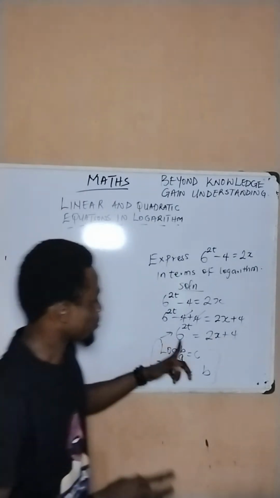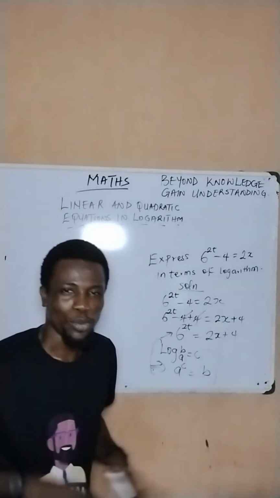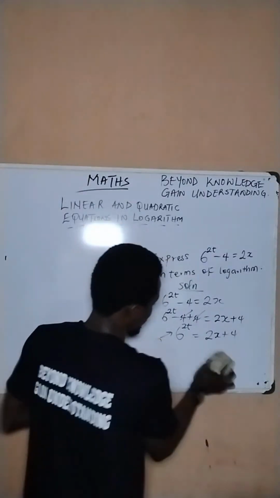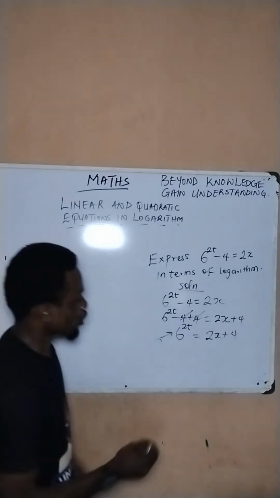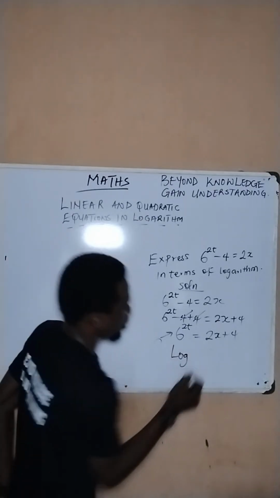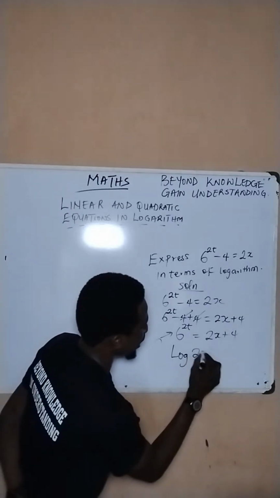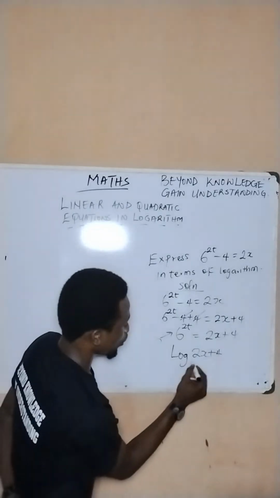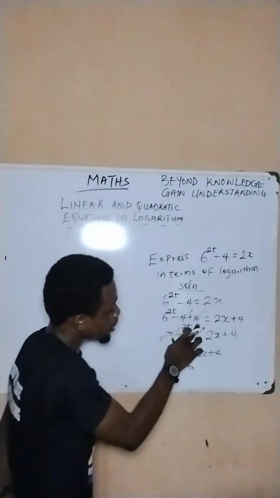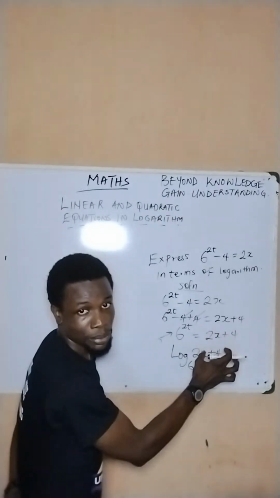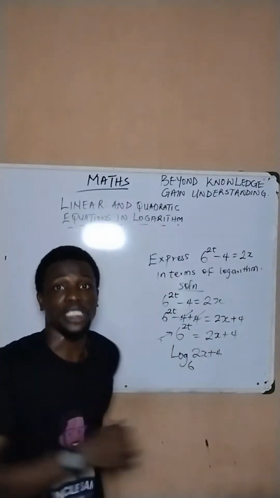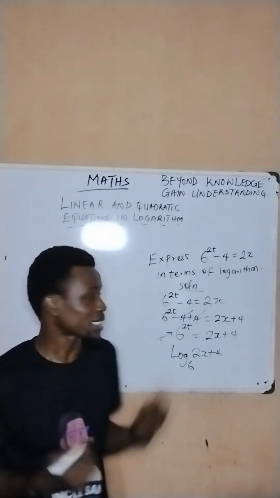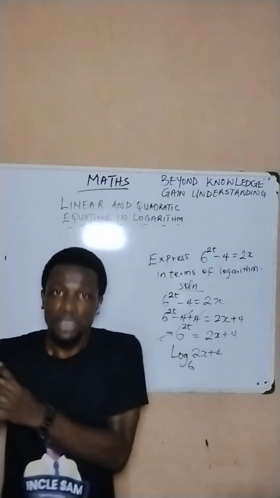So for us to express this in logarithm form, we simply state, based on this knowledge, that the log of 2x plus 4 to the base of 6, because here 6 is the base, 2t is the power. We don't know t, so we're not getting into how to find t. We're just trying to express this given in terms of logarithm.